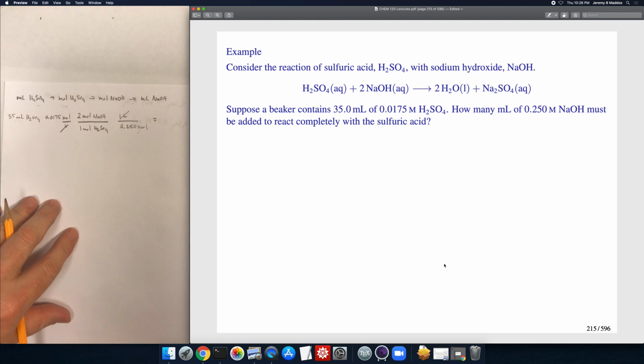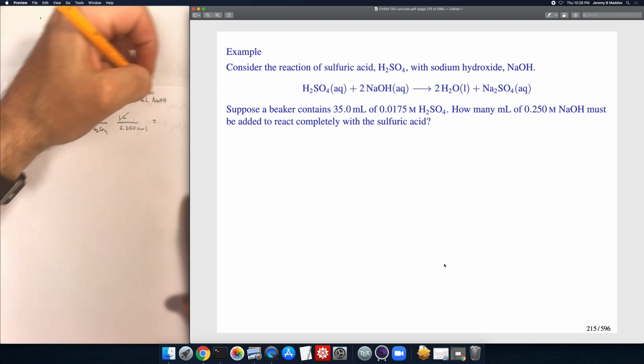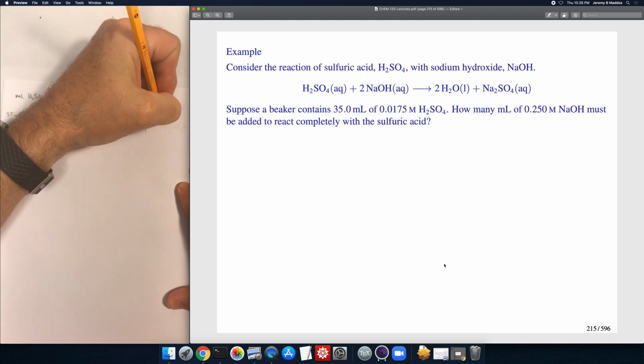So let's run this through our calculator to get the number. And so I'm getting 4.9 milliliters out of that.